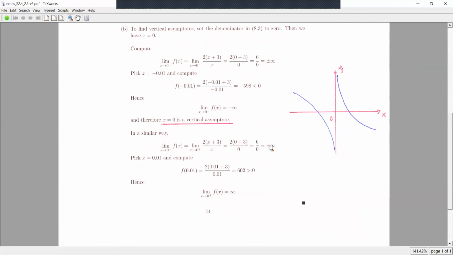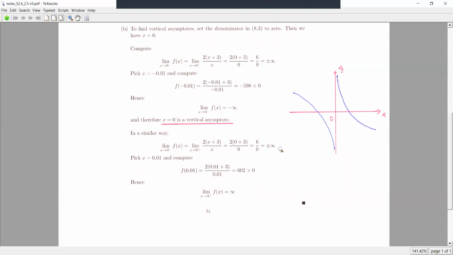To determine the sign, I pick a point close to 0, but on the right side. Say I pick 0.01. Evaluate the function value at 0.01, then I get 602, positive. So when x is close to 0, but on the right side, function is positive.